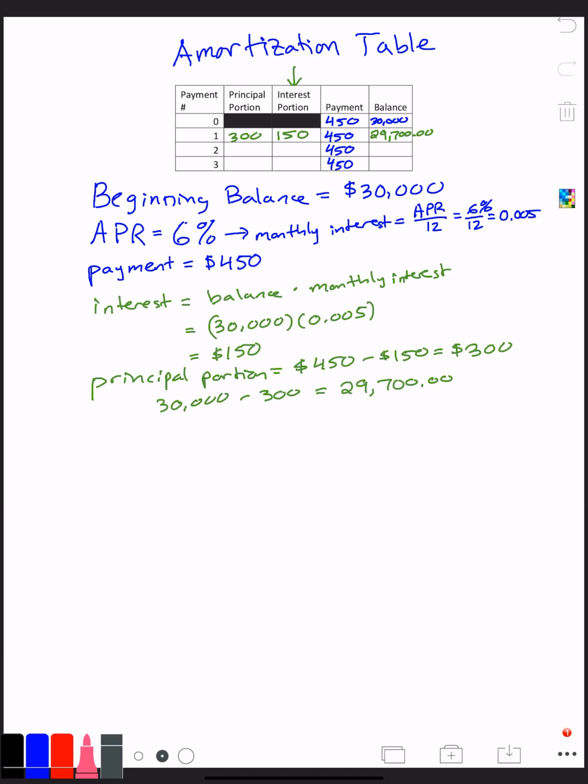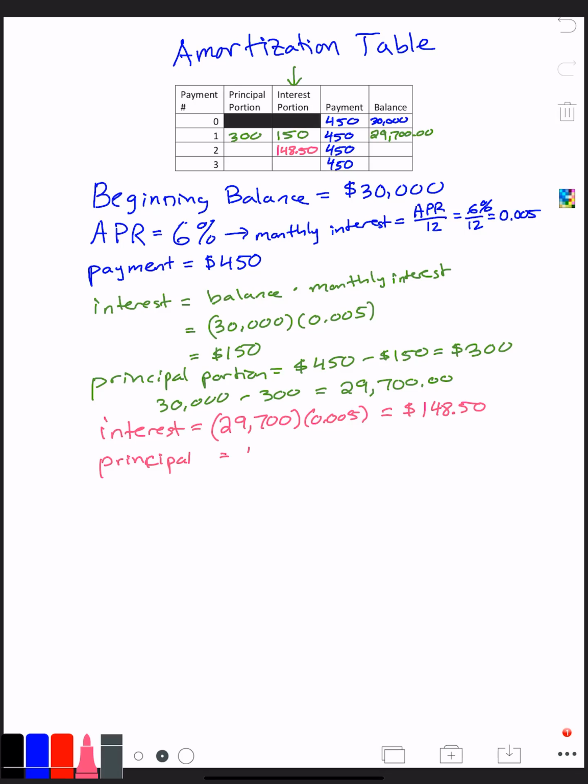At this point, we're just going to repeat the process. So the next step is we're going to calculate the new interest payment, which is the previous month's balance, $29,700, times the monthly interest rate, 0.005. In your calculator, that'll be $148.50. We can go ahead and fill that in up here. Once you have that amount, you can find the principal portion.